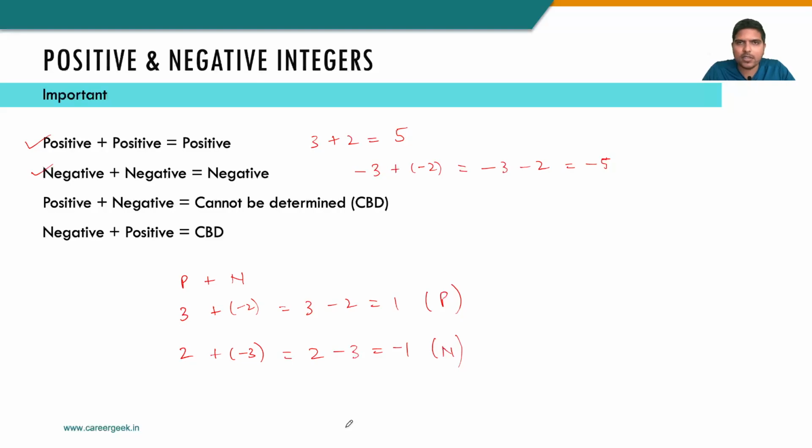In the first case, +3 is of higher value, and in the second case, 3 has more magnitude but with a negative sign, so you will get positive in one and negative in the other. So you cannot really say when you're adding a positive and a negative that you're going to get a negative or a positive value. So you can make note of all of this.